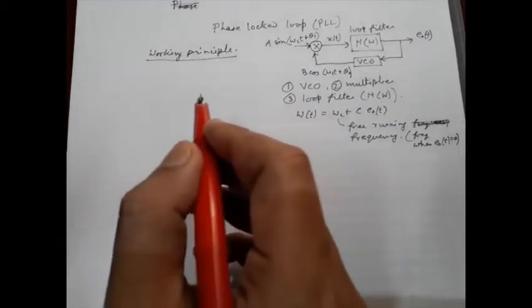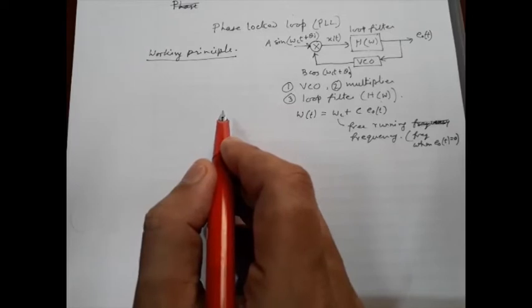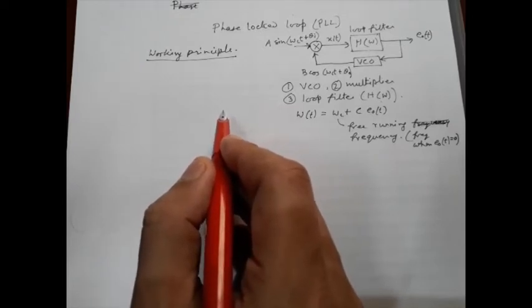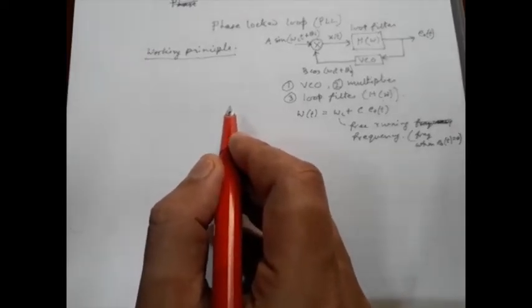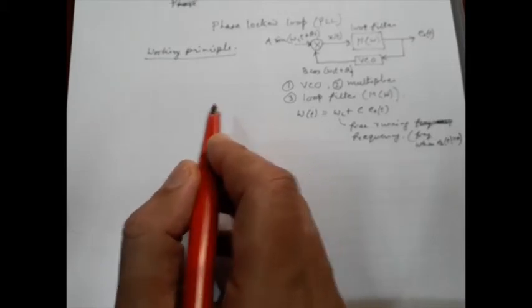Now it is not necessary for the VCO input and output frequencies to be equal. All that is needed is to set the VCO free running frequency as close as possible to the incoming frequency.